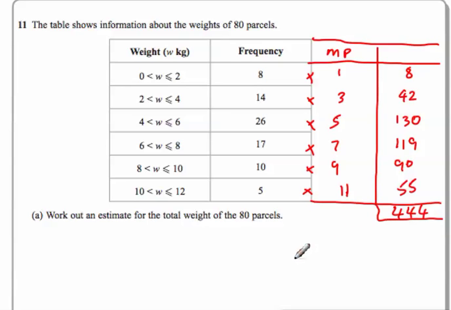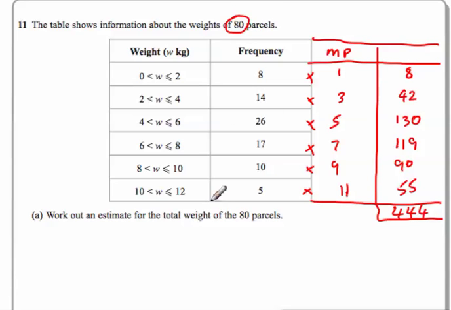I've seen people say you find the mean by adding them all up and dividing by how many, which is quite true if they're in a list. And this is the same, except this time we're going to divide by how many there are. How many there are is not 1, 2, 3, 4, 5, 6. It is not 6, it is 80, because that's how many parcels there are.